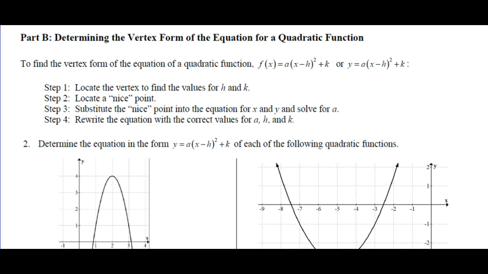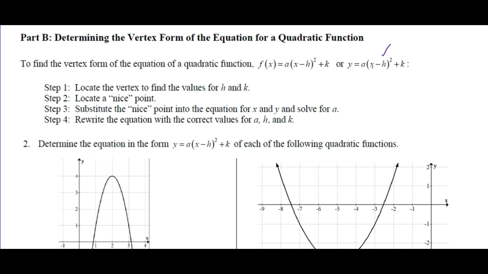What do we do? We locate the vertex. So given in this form, we locate the vertex to find the values for h and k. So in other words, if I give you a graph, can you give me the equation, right? And you say, all right, I'm going to find the vertex. That gives me h and k. I'm going to locate a nice point. So on a test, we'll put a big black dot somewhere, right? You can see it, so you get the coordinates of that point. We substitute the nice point into the equation for our x value and our y value.